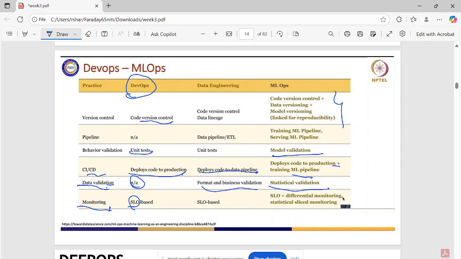Monitoring was done on service level agreement types here, and here also. And in the case of MLOps, there are service level objectives and service level agreements. Then there is something called differential monitoring and statistical slice monitoring. This is basically an advanced version of trying to monitor things.